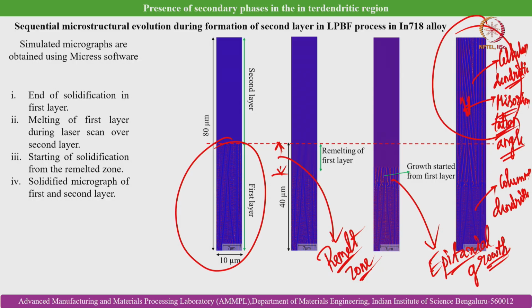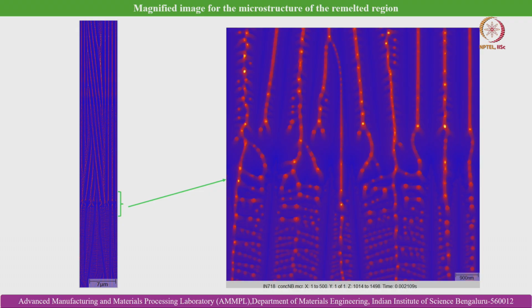So from here you can easily understand that directional solidification is possible in additive manufacturing, and it is also possible to develop single crystal microstructure by additive manufacturing with proper care and control.